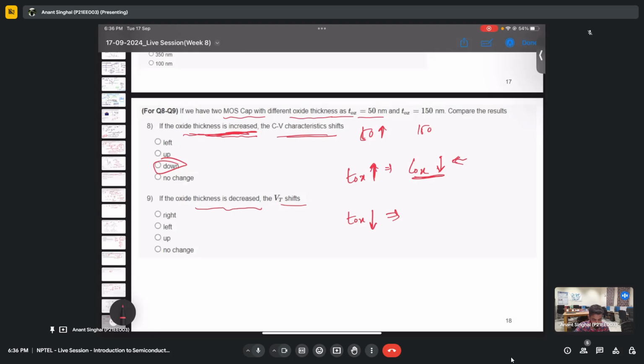Any guesses? Okay, so let me give you VT. We have just calculated. I hope you remember. It is VFB plus Q depletion by Cox plus 2 phi_F. Now can anyone tell?